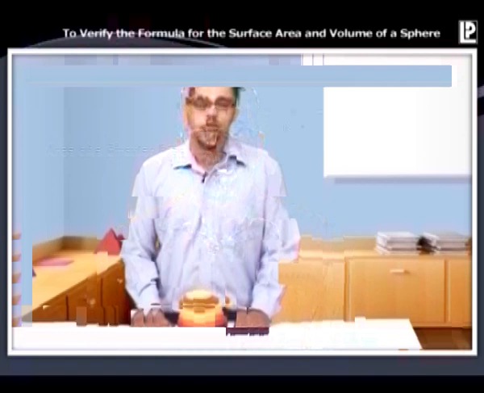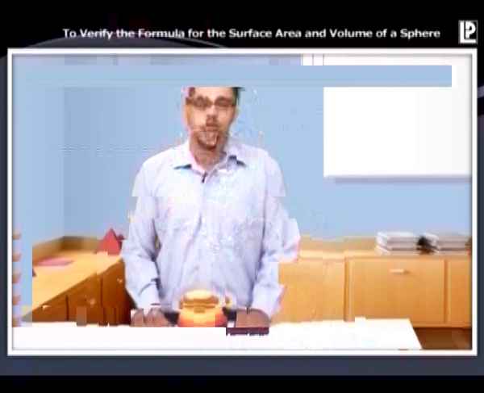Let's now determine the area of the hemisphere theoretically and compare it with the experimentally obtained value. We know that the surface area formula is 2 pi r square. The radius of the semicircle we started with was 8 centimeters. Substituting the radius equals 8 in the formula, we get 2 into pi into 8 square, which is equal to 128 pi centimeter square.